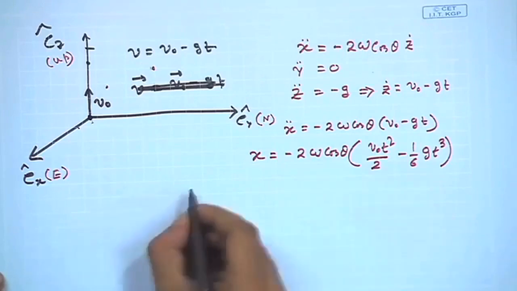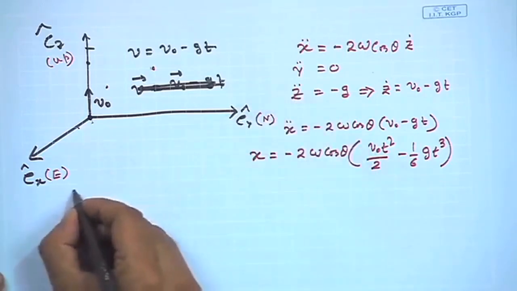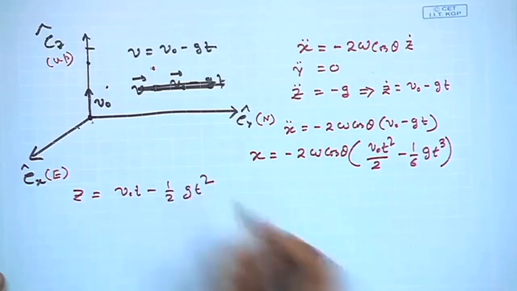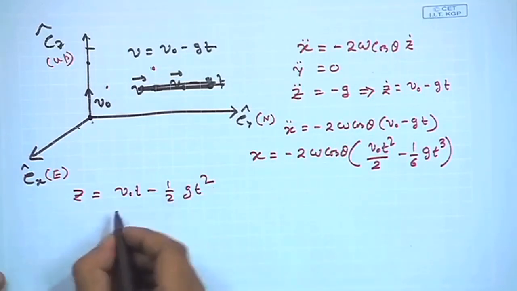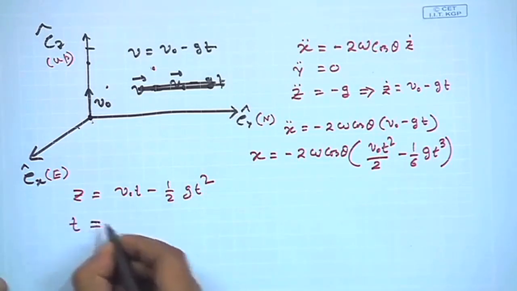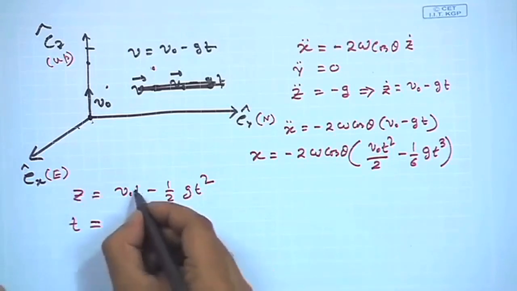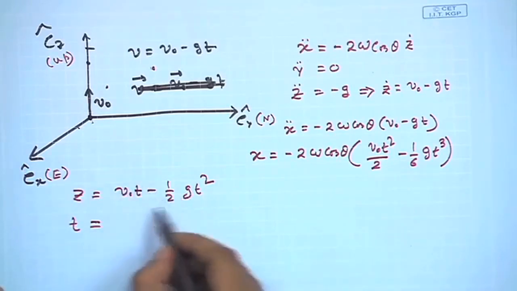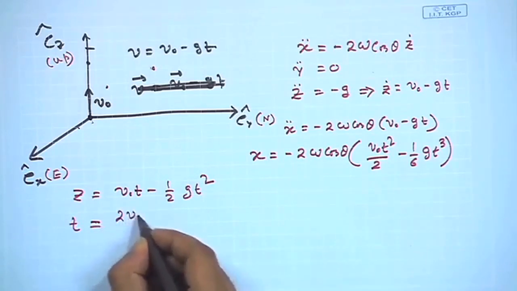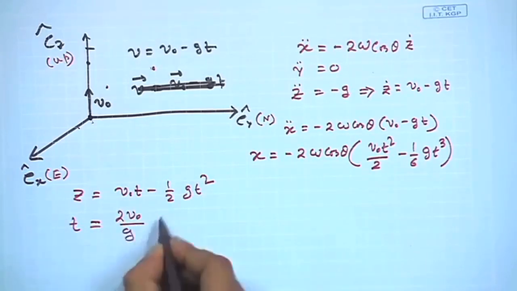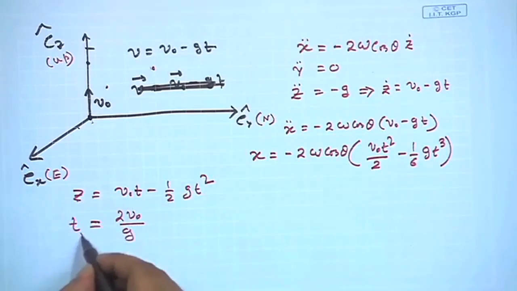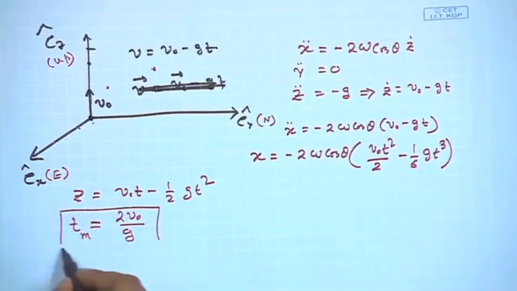Now, if I integrate z, we will get V 0 t minus half g t squared. From here we can get the total time of flight by setting z equal to 0. It is a quadratic, so it will have two roots, one for t equal to 0, and the other for t equal to 2 V 0 by g, so T m is equal to 2 V 0 by g.